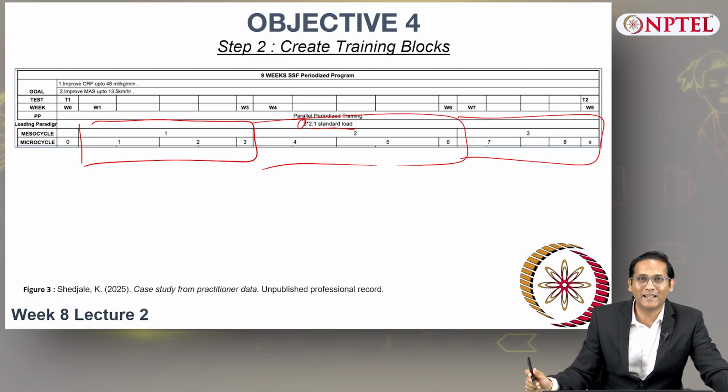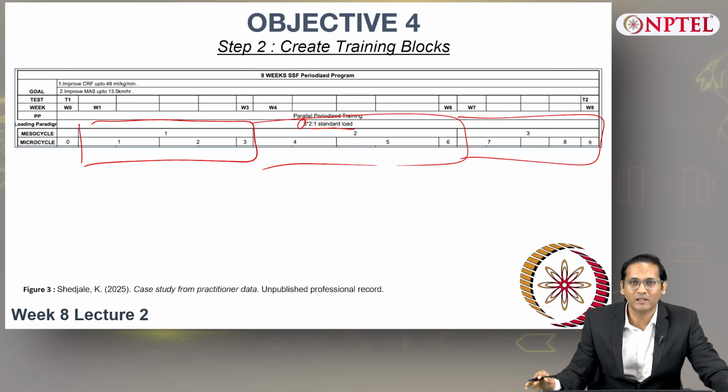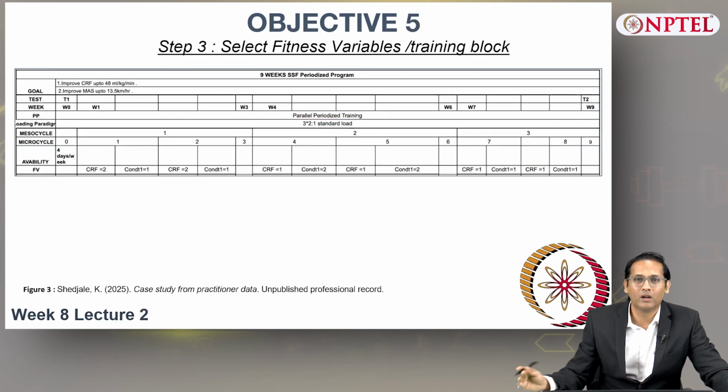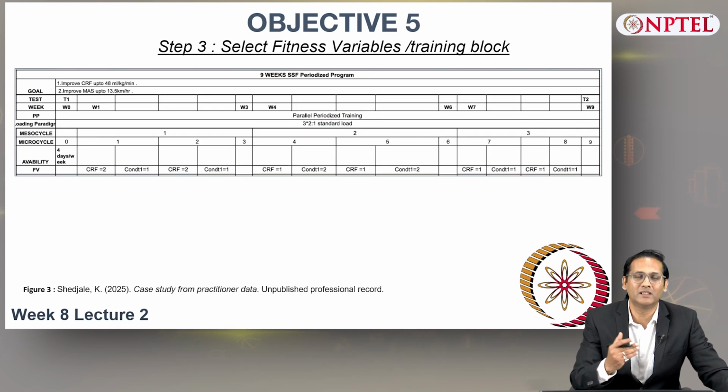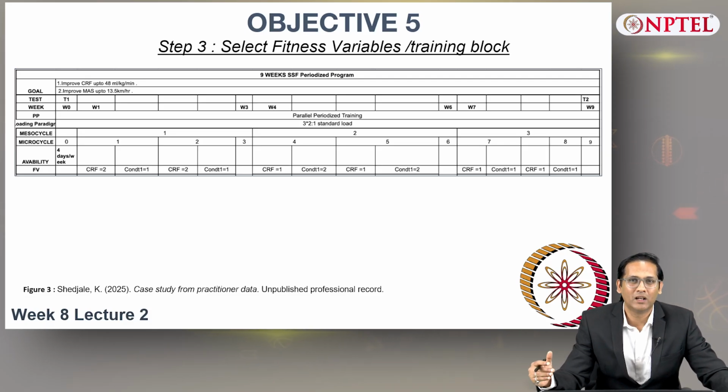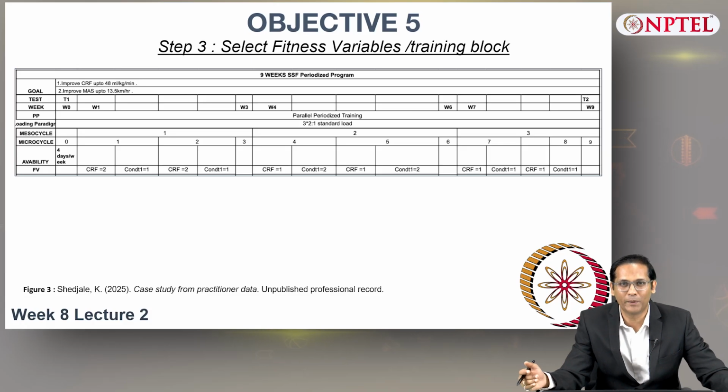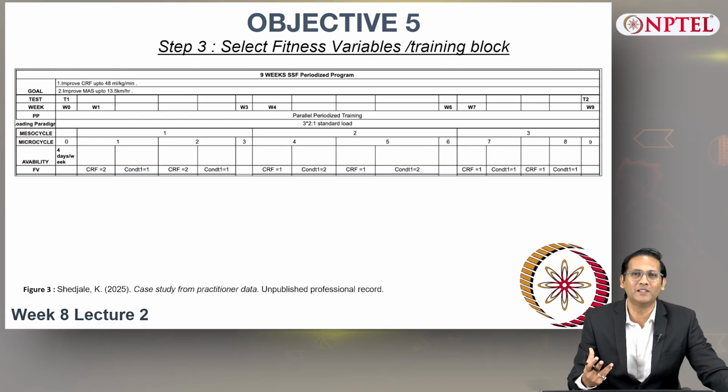Now let's understand in this mesocycle, in this block, what fitness variable will be trained. Since it is identified the gap in the performance is due to lower aerobic capacity and aerobic conditioning, we have already identified which fitness variable needs to be improved.